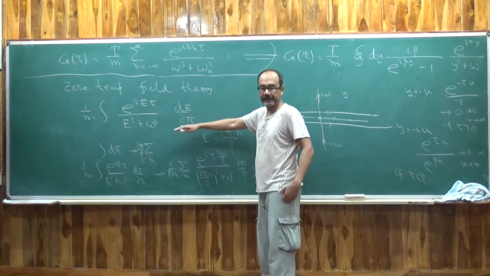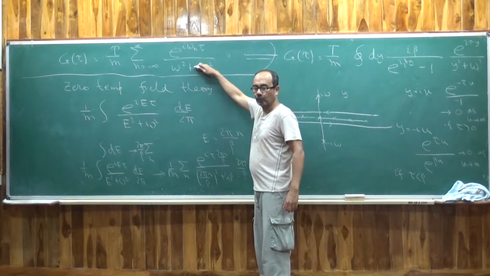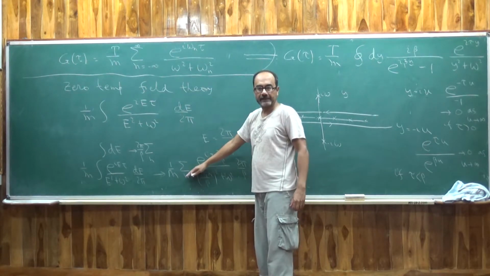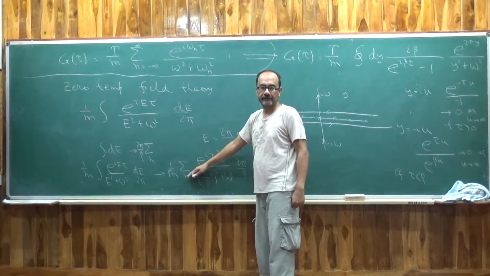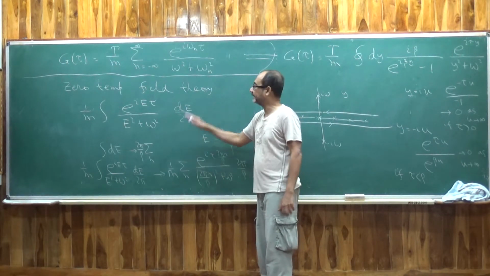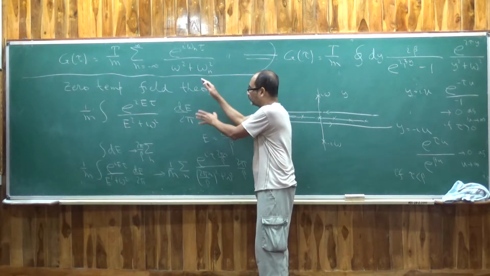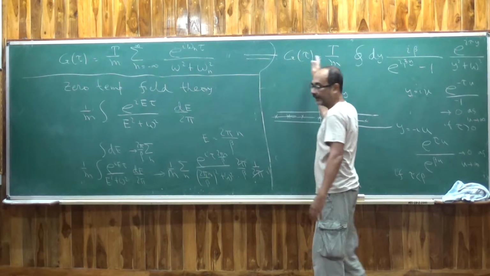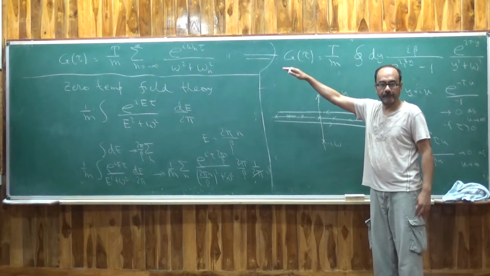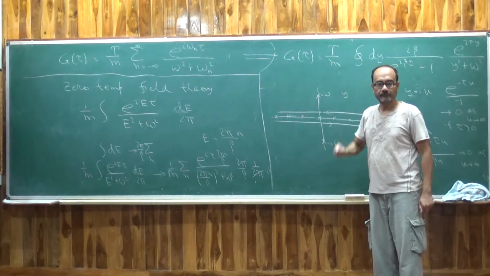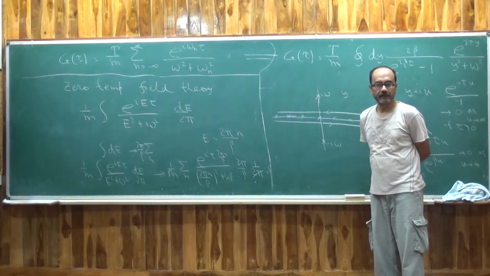This is something where you can guess what this form would be by starting with a zero temperature Green's function and then discretizing the energy. So one shouldn't confuse what I did here and what I am doing here. This is an exact evaluation, an exact representation of that sum. Is this okay?